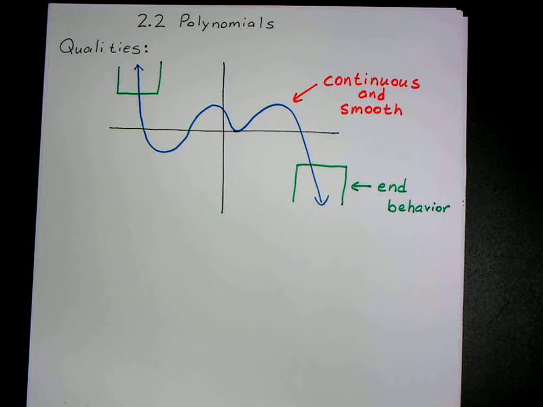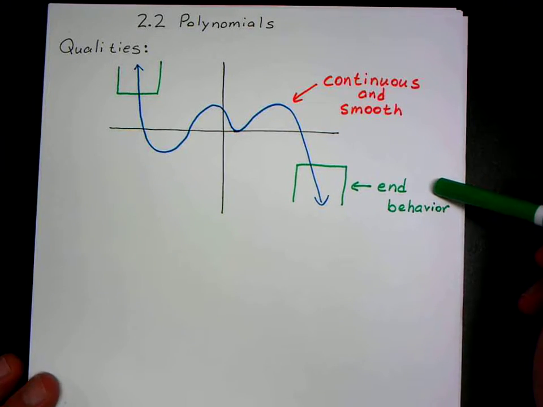You know, weird things happen. But after the bumpy part, then eventually they start going off in one direction, and they will continue in that direction forever. Nothing ever changes. And it becomes pretty much like a line. That is called our end behavior.